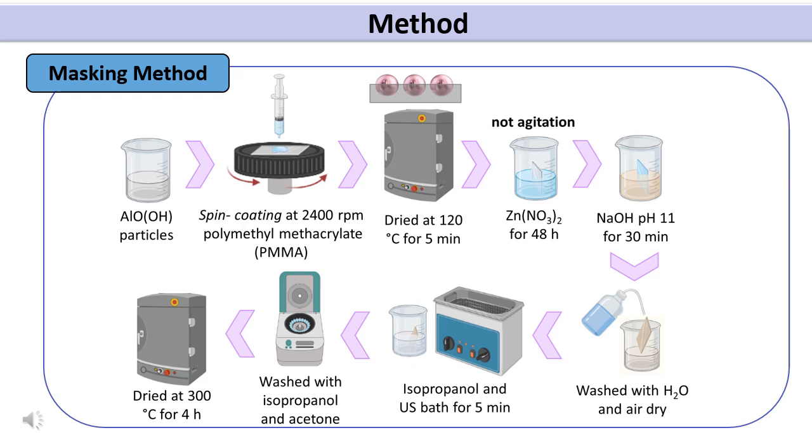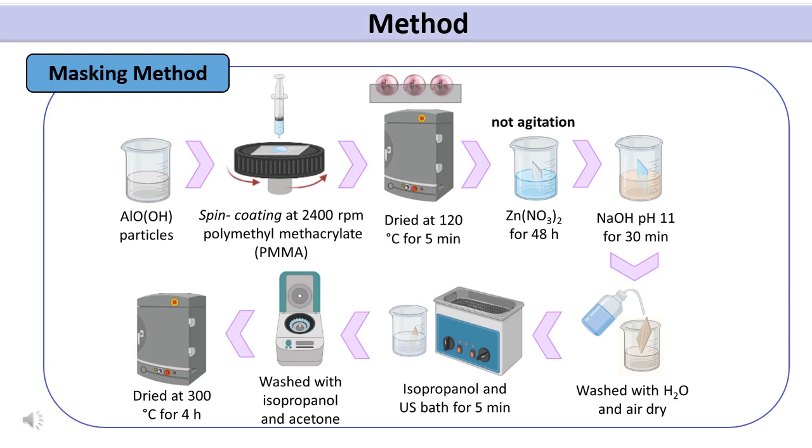To obtain Janus-type particles of aluminum oxide, zinc oxide, the masking method was used. The aluminum oxide hydroxide particles were suspended in ethanol and deposited by spin coating at 200 to 400 rpm on a PMMA substrate.